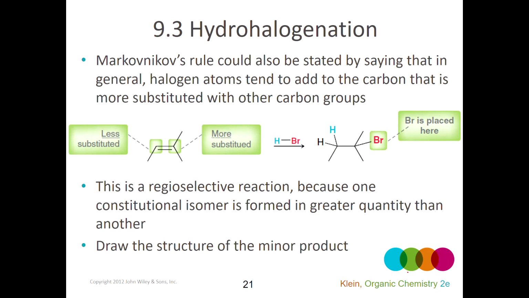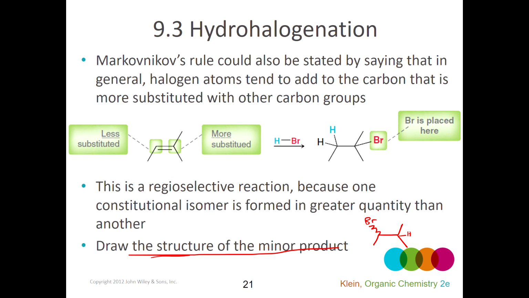So let's take a look at the mechanism, and in addition we'll try to compare how we would have gotten the other product. The other product would have occurred if the bromine came in here, and it could come in from the front or the back, and the hydrogen would have come in here.